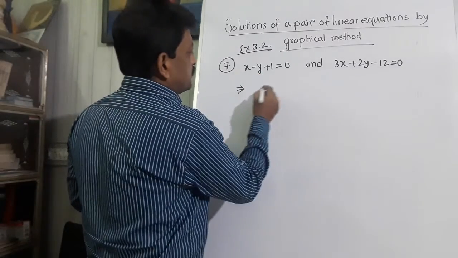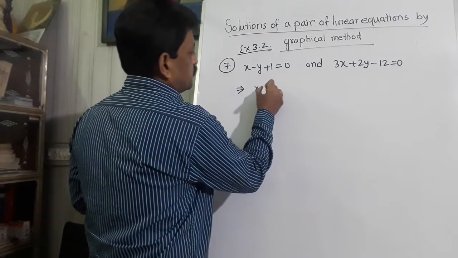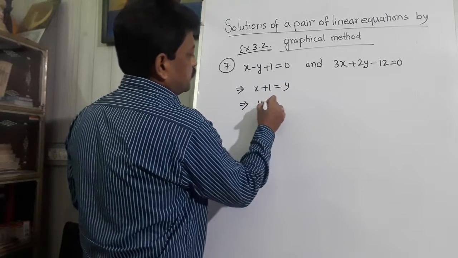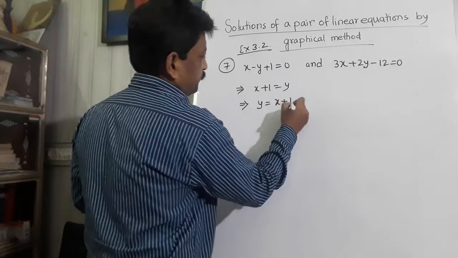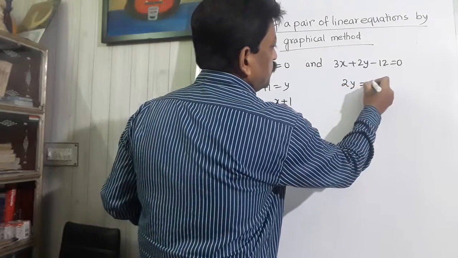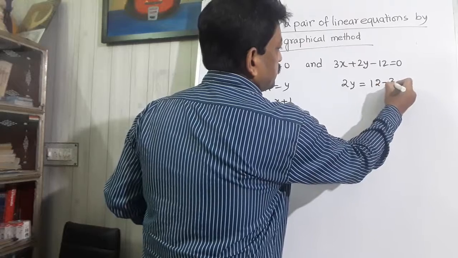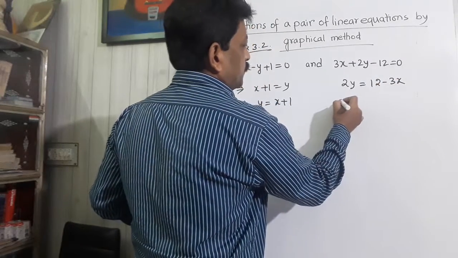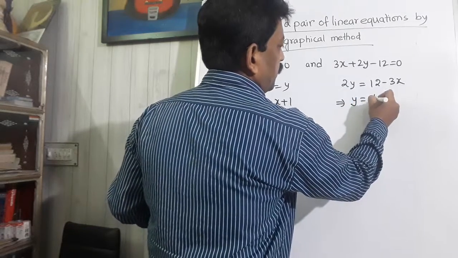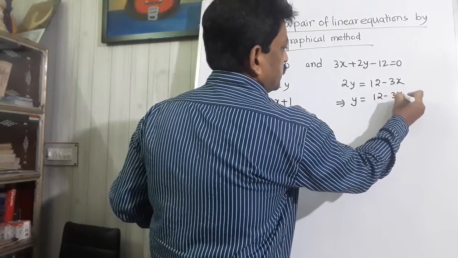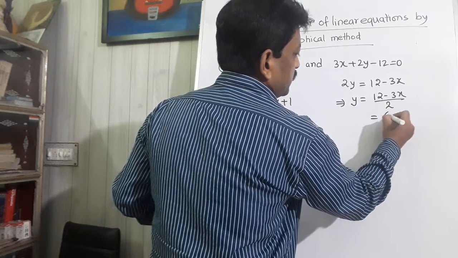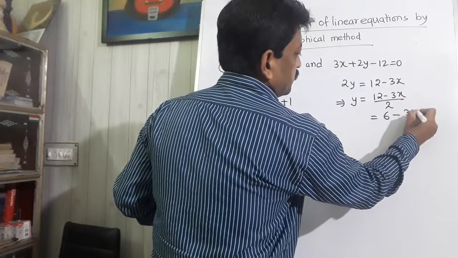So x plus 1 equals y, or we can say y equals x plus 1. Similarly here 2y equals 12 minus 3x, which implies y equals (12 minus 3x) upon 2, or we can write 6 minus 3x upon 2.